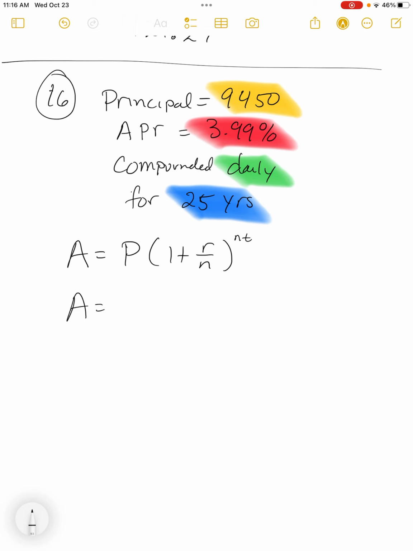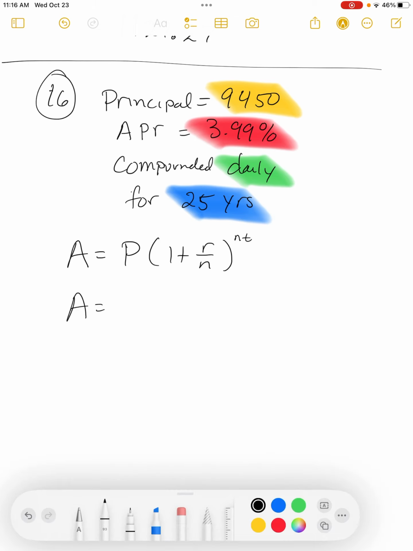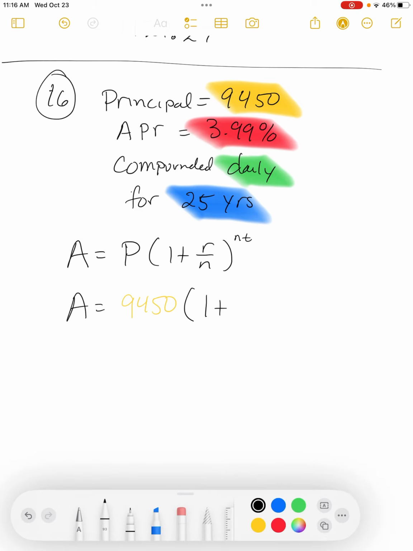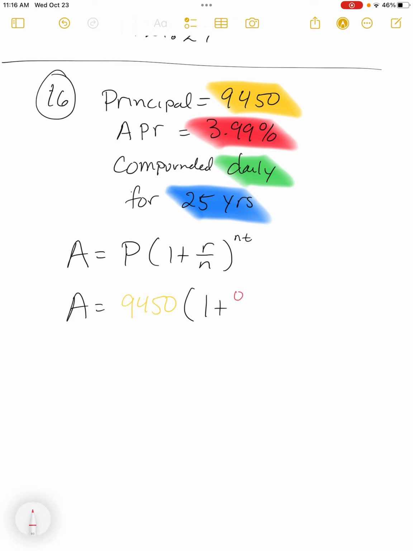So using the same colors, my principal is $9,450. 1 plus is set and stagnant. You're not ever replacing that. R, the rate was in red. So that is, remember to, I know you're good at this, but I just want to stress it, move it 2 decimal places back.